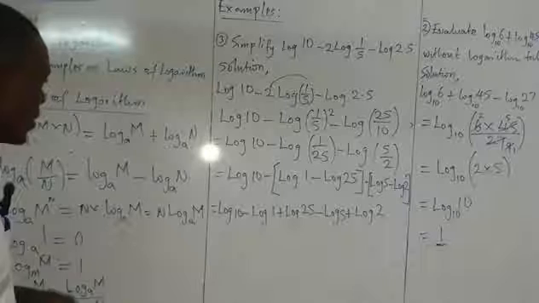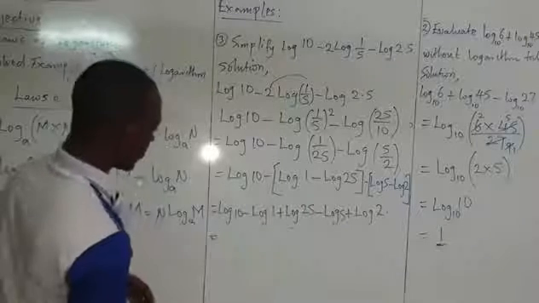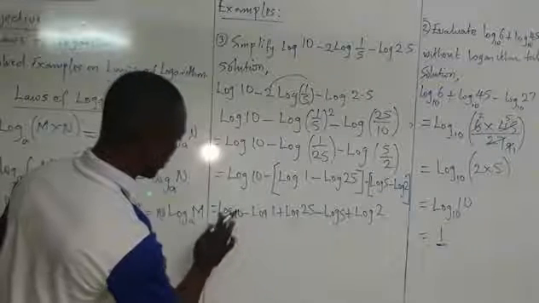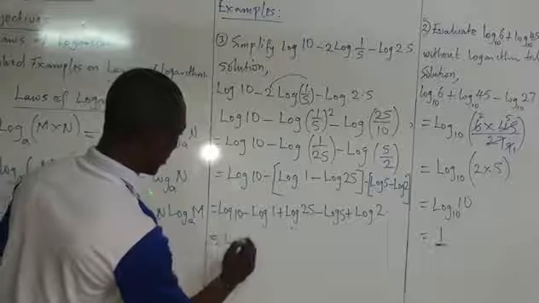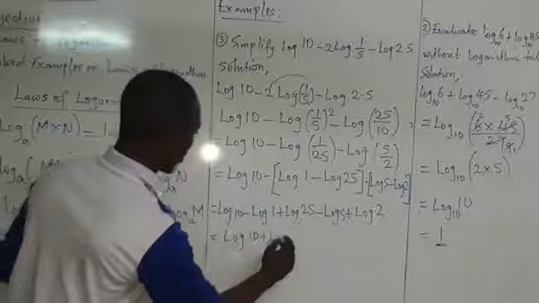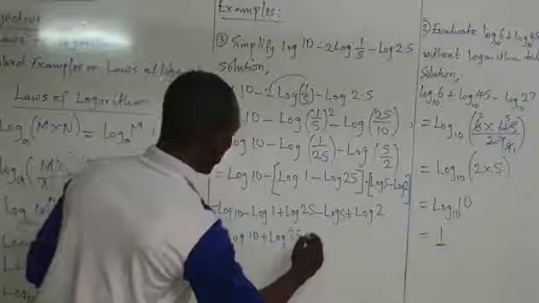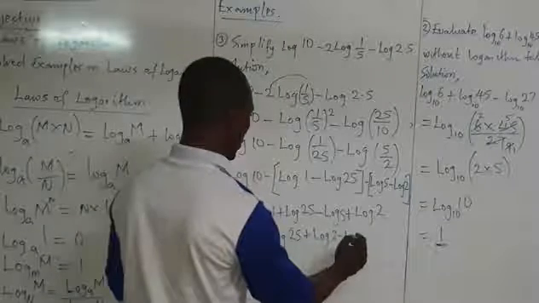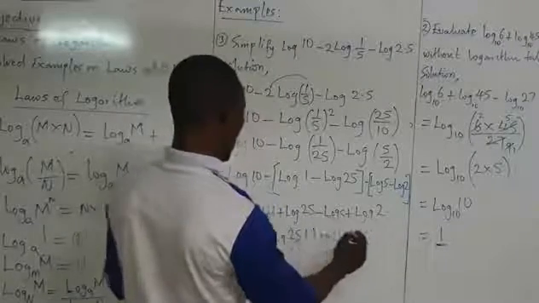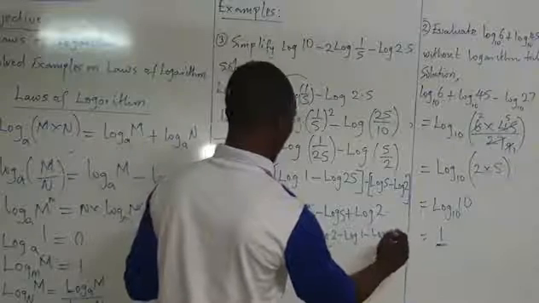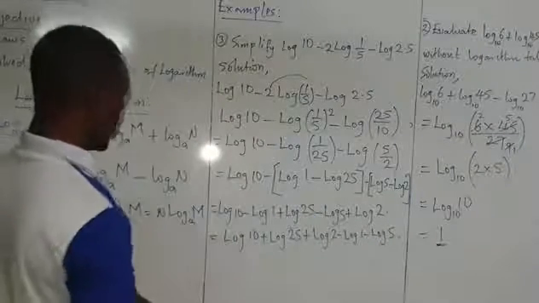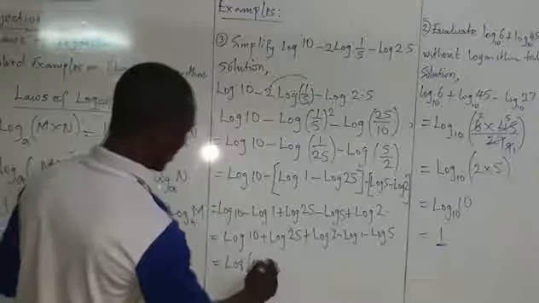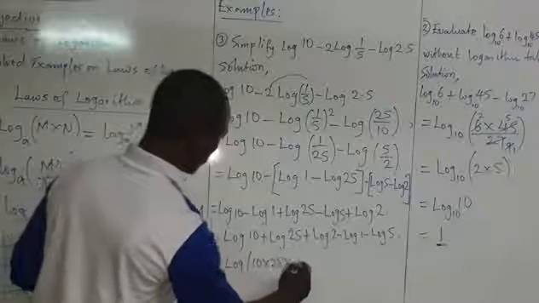So from here, we are going to have all the addition, log 10 plus log 25 plus log 2 minus log 1, then minus log 5. So from here, log is common, then 10 times 25 times 2.